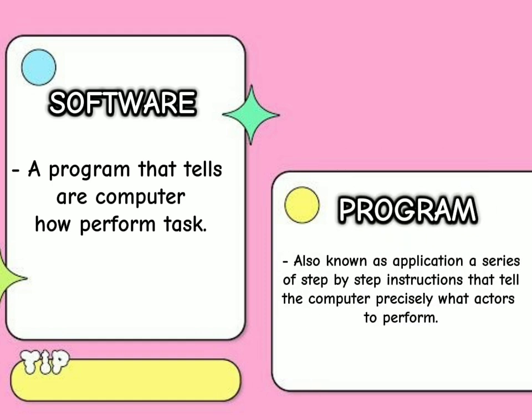And the next is program, also known as application, a series of step-by-step instructions that tell the computer precisely what actions to perform. So computers refer to the hardware. Examples of hardware are your laptops, desktops, and even your mobile phones. So if you want your laptop to print a document, your laptop's software programs would tell the printer to get the document and then produce a printout.